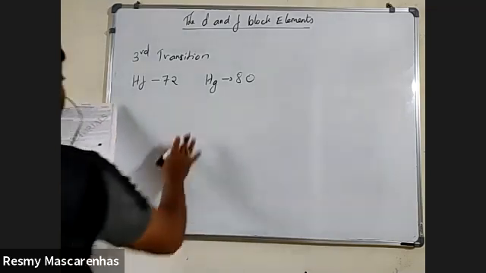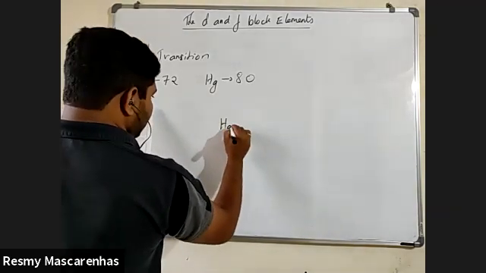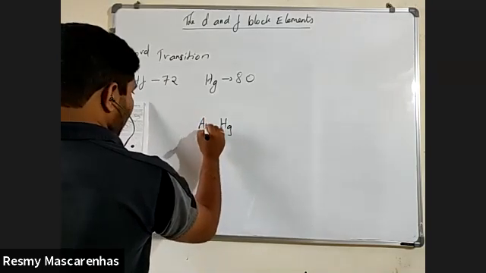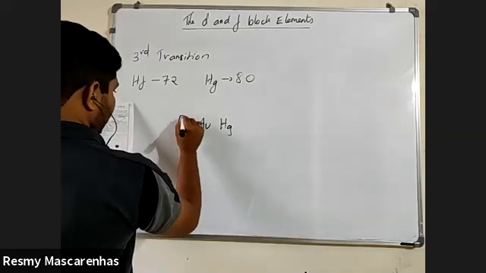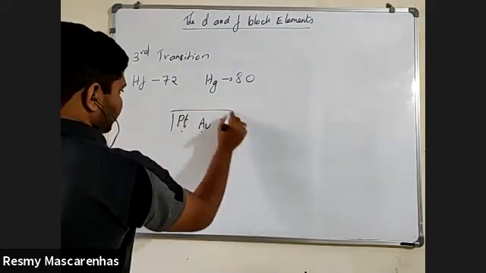Now in this case, what you need to remember is the last elements. That is mercury. Before that, gold, and before that, platinum. These three elements you need to remember.